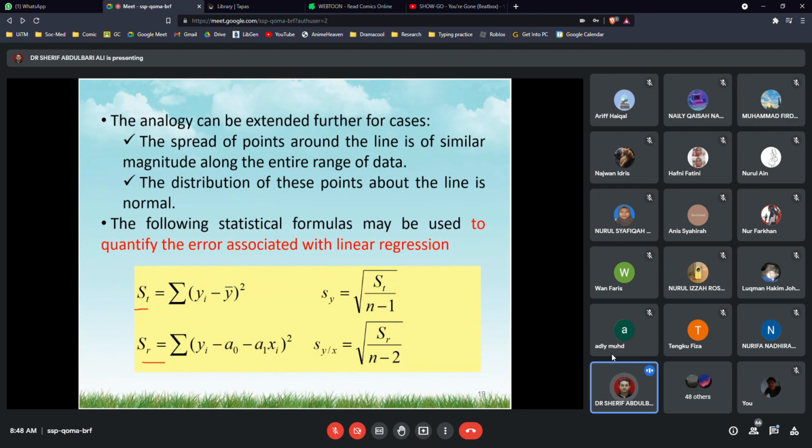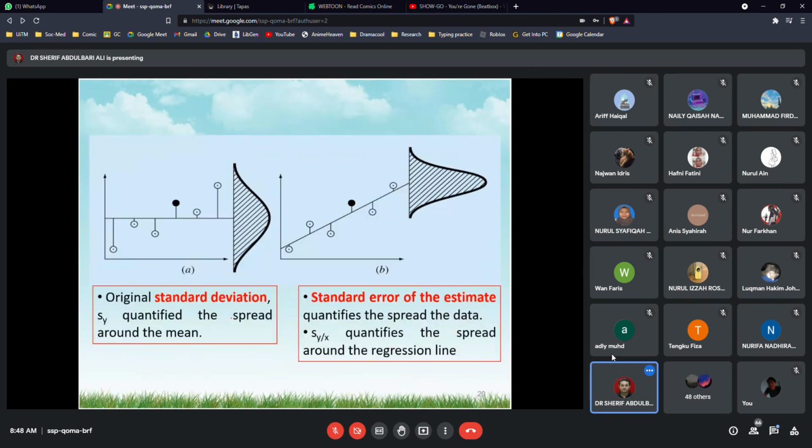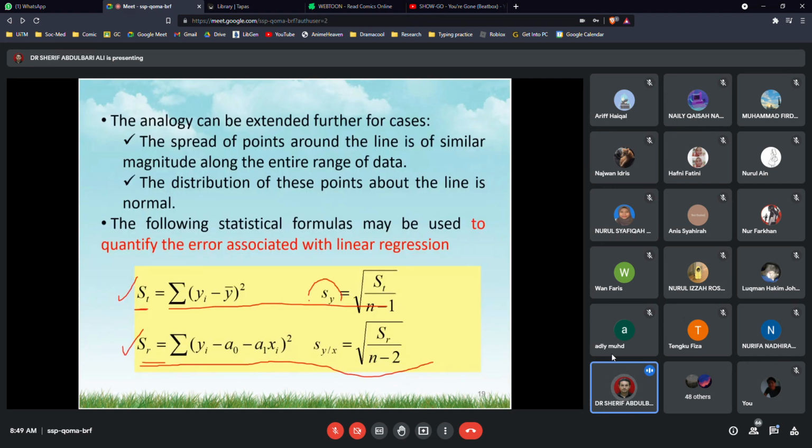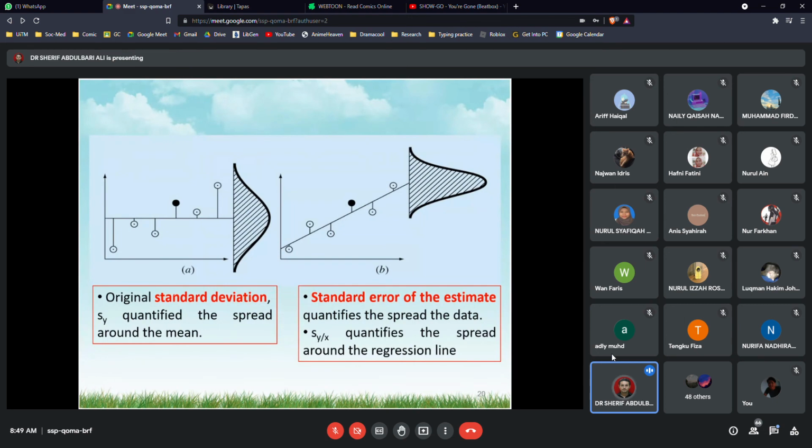This is the sum of the square. ST is the sum of square of residual around the mean. SR is the sum of square of the residual around the regression line. So this is how to calculate. We need to calculate these values. SY, this equation here, is the standard deviation.